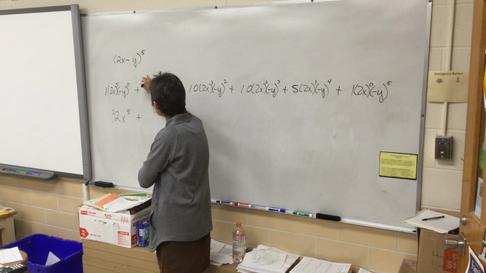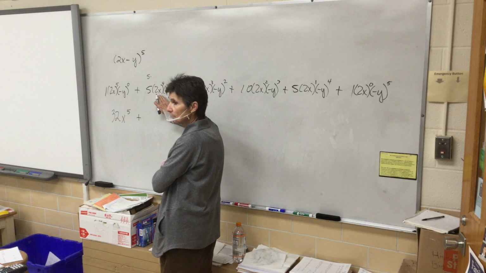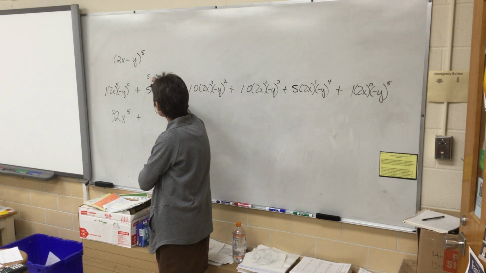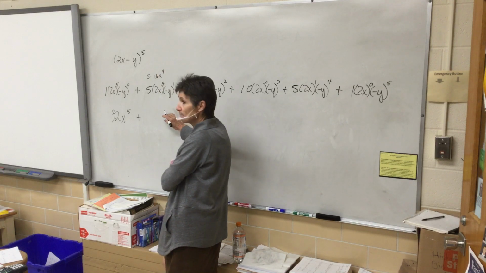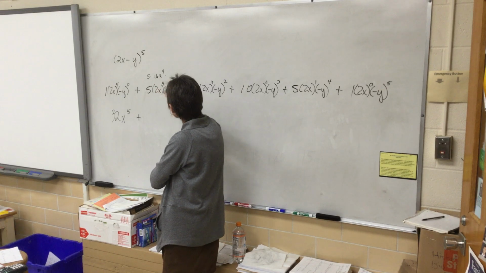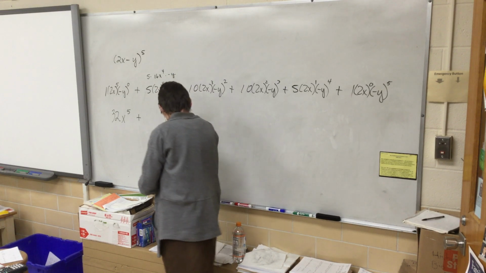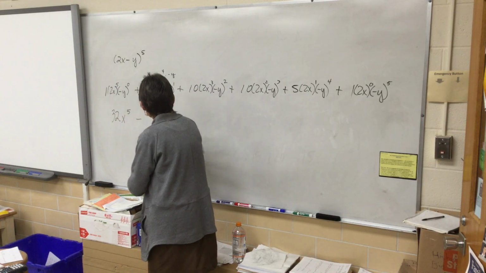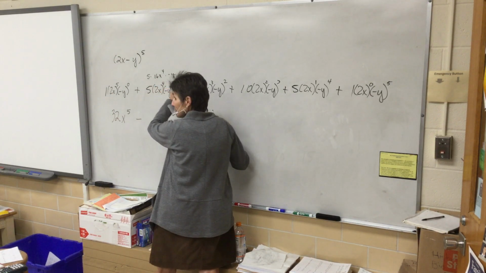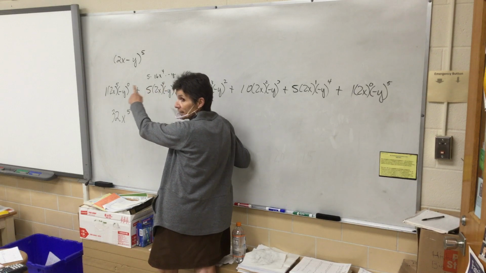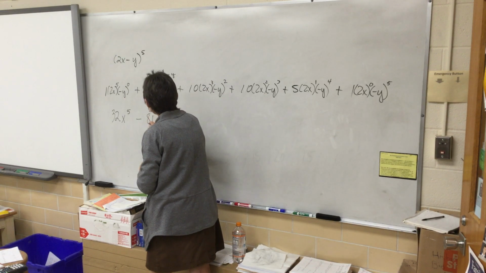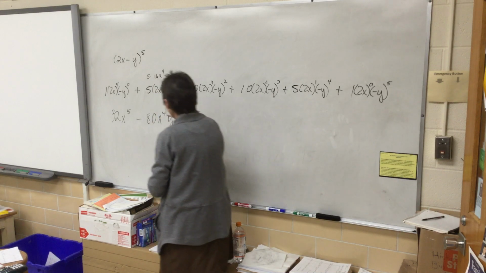You have a 5. What's this part right here? 2x to the 4th would be 16x to the 4th. And then times negative y. So this won't actually be a plus. I think this is going to be a minus, because won't that be a negative? I'm multiplying. So negative 80 x to the 4th y.